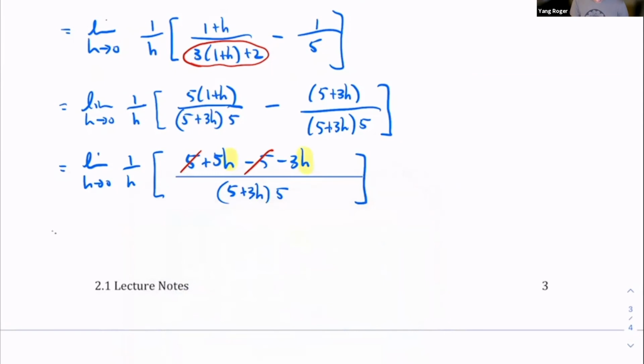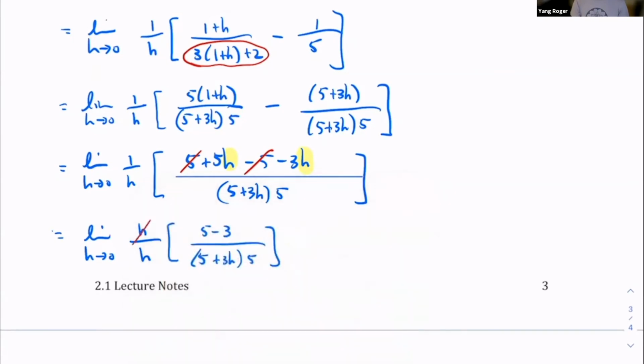I'm going to get the limit as h goes to 0. There's an h on the bottom and an h on the top, which is great for me. What else do I have left over on the top? I'm going to have a 5 minus 3 left over on top. And on the bottom, I still have my 5 plus 3h times 5. Is there any questions?